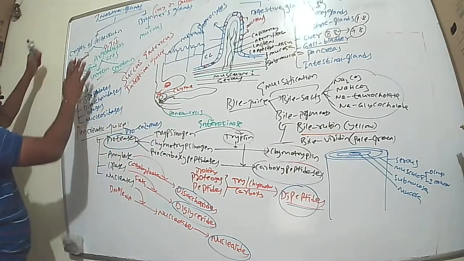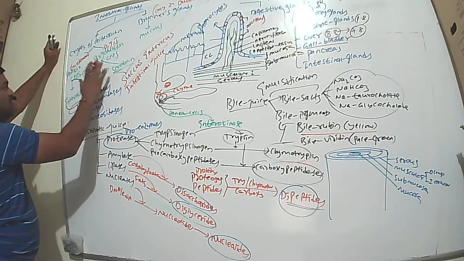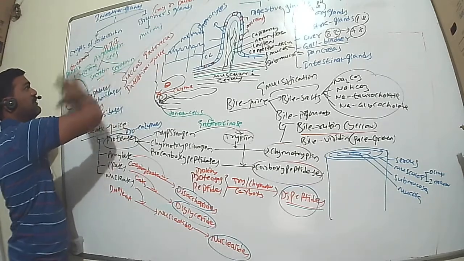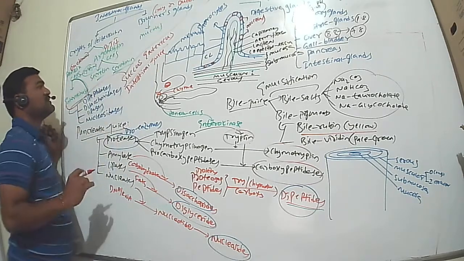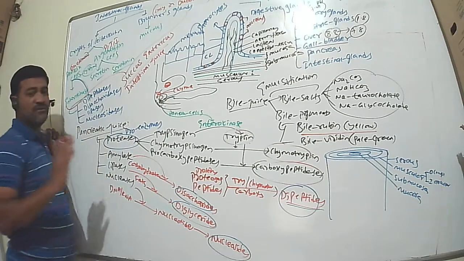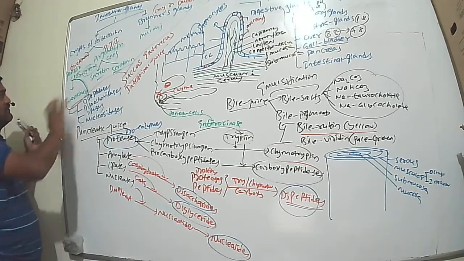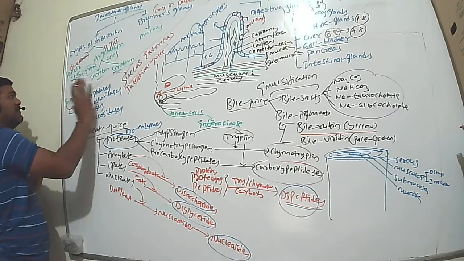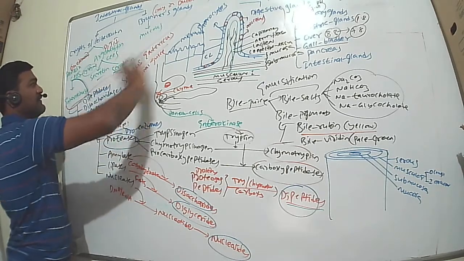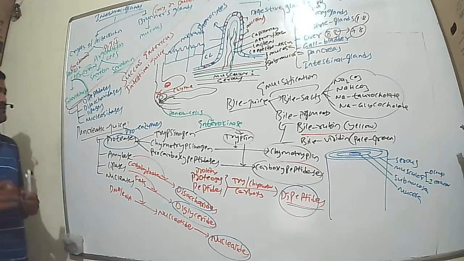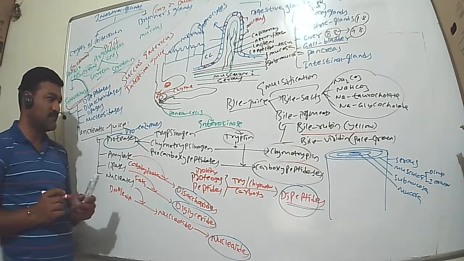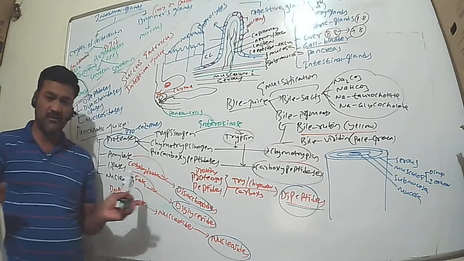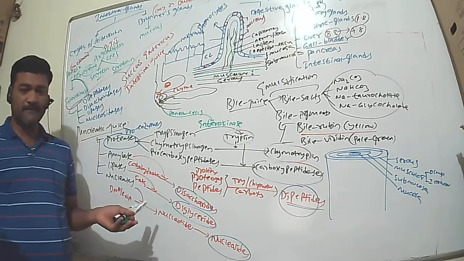The secretions of Paneth cells, secretions of Argentaffin cells, and the mucus, all together, this complete mixture produced by the intestinal glands is called succus entericus or intestinal juice. And finally, the food is completely digested and it's absorbed by the villi into the blood.